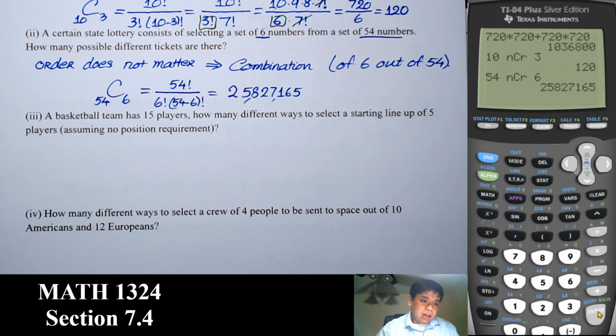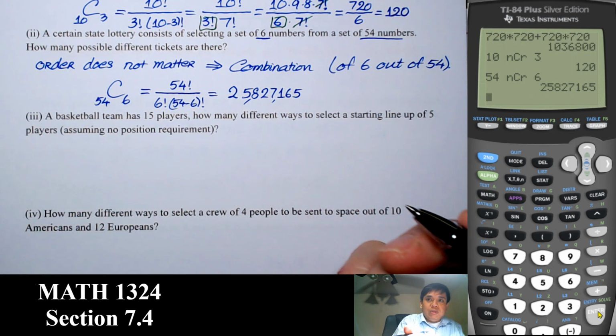Right, next. A basketball team has 15 players. How many different ways to select a starting lineup of 5 players, assuming no position requirement? Of course, in a basketball team, usually there are different people playing different roles or positions. So let's assume that we don't have that. We just put 5 on the floor, and in that case we have no position, so order doesn't matter.